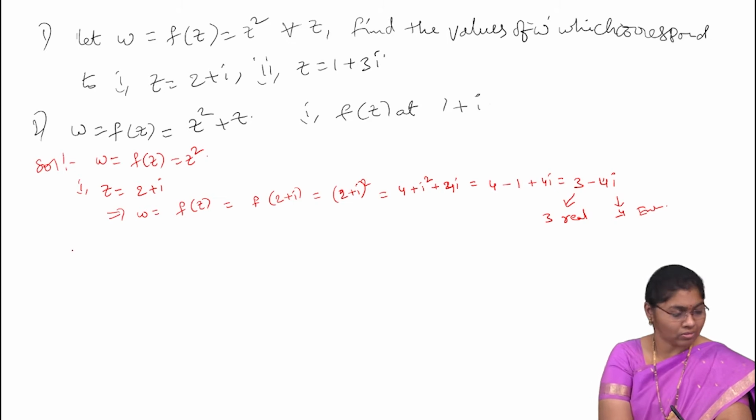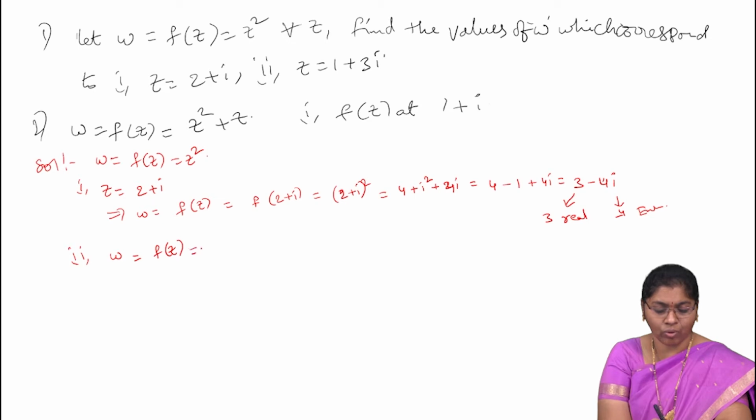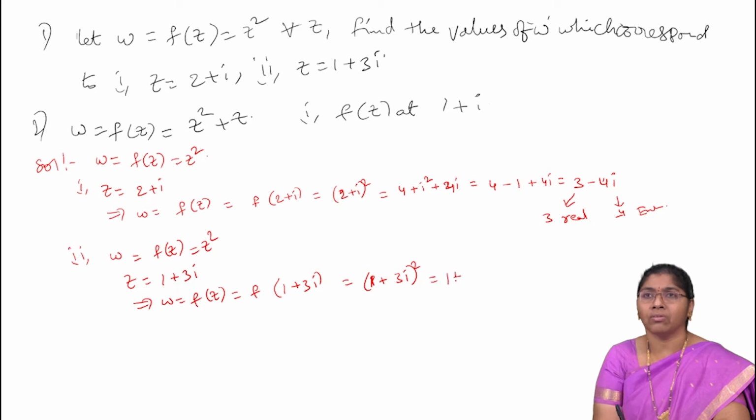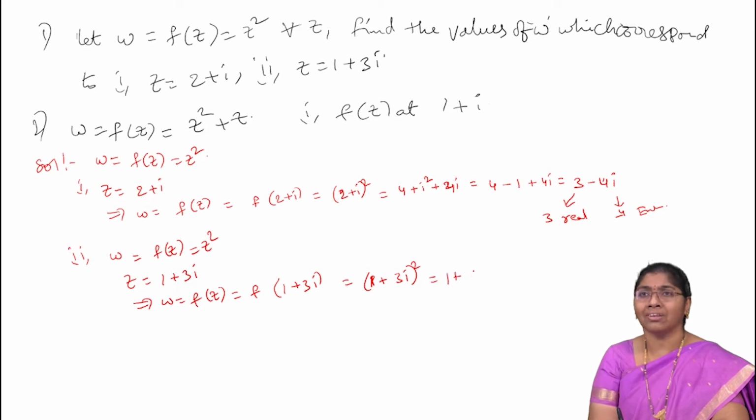And the second one is w equal to f of z equal to z square, with z equal to 1 plus 3i. That implies w equal to f of 1 plus 3i, that equals 1 plus 3i whole square, that is 1 plus 9 into i square plus 2 into 3, 6i.